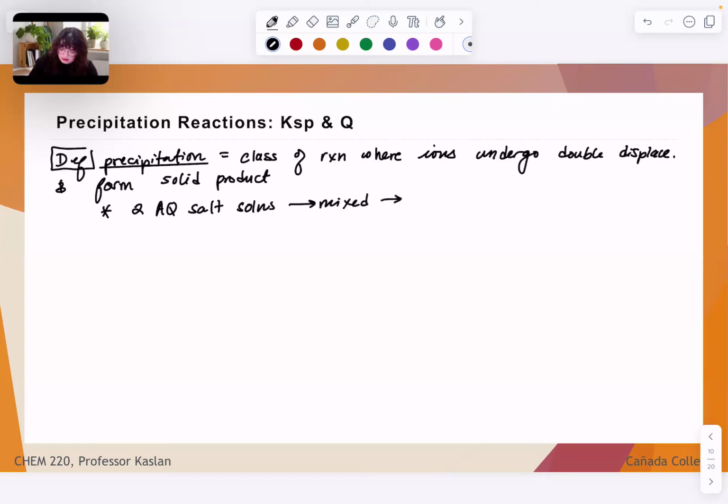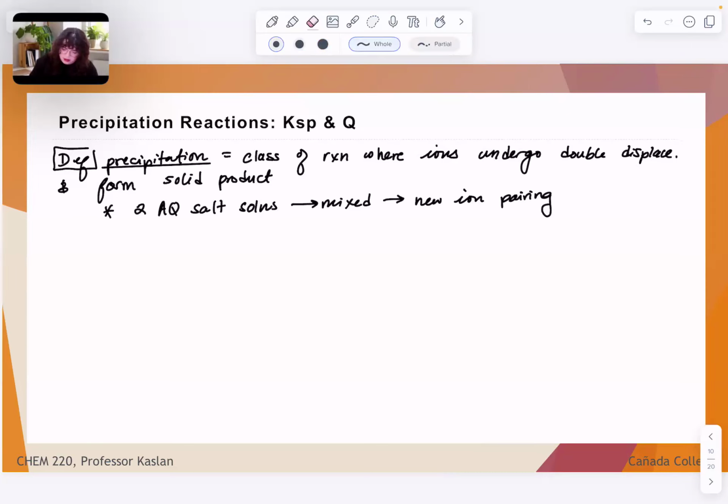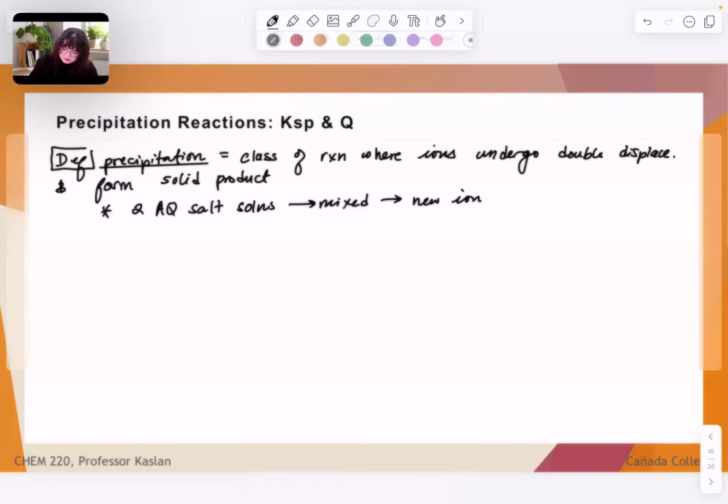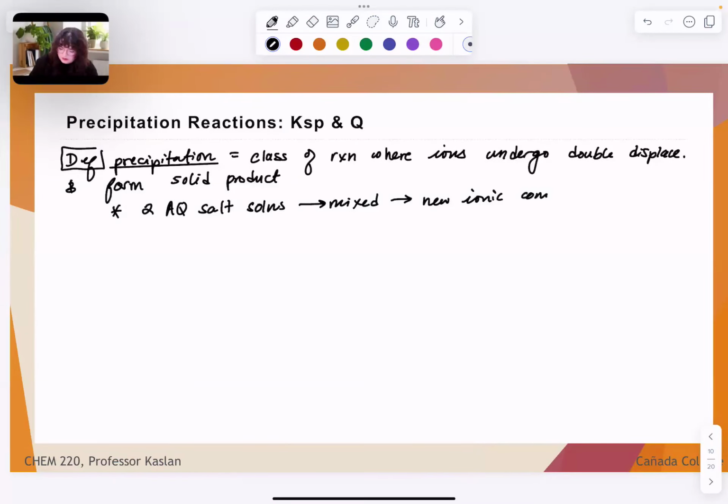And as a result, new ion pairing or new ion association results in the formation of a new ionic compound. And this is insoluble. And thus we see a solid. So this is the gist of precipitation.